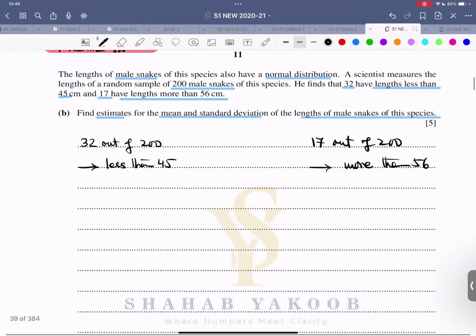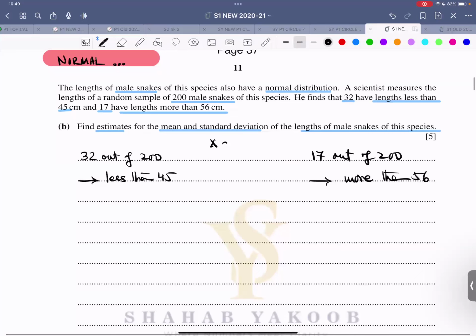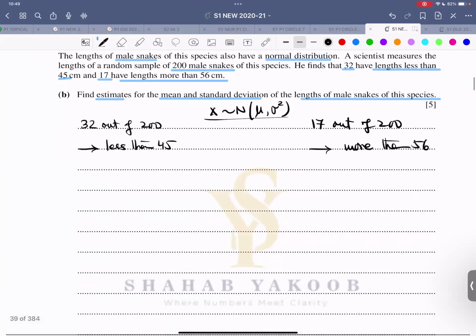So first of all, we will write X follows a normal distribution. The mu is unknown. The sigma square is unknown. It's a question of simultaneous equation and back solving. Probability X lesser than 45 is 32 over 200. And over here, probability X greater than 56 is 17 over 200.